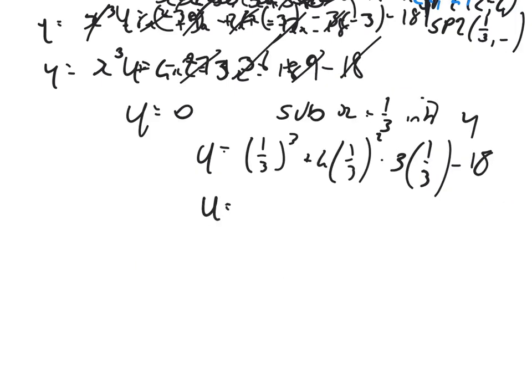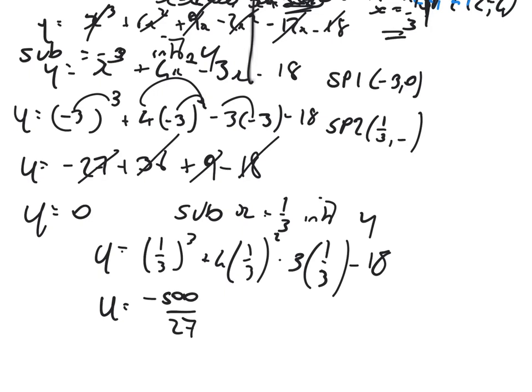Throwing all that in the calculator and taking your time, you should get minus 500 over 27. So stationary point 2 is at (1/3, -500/27).